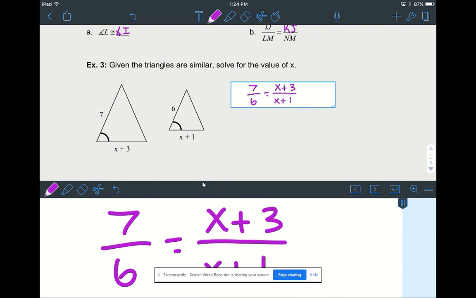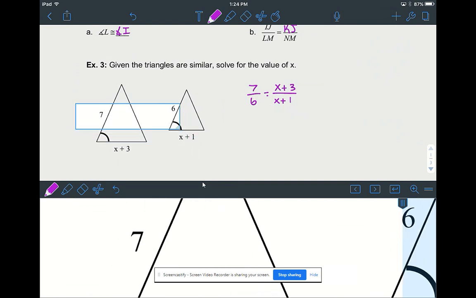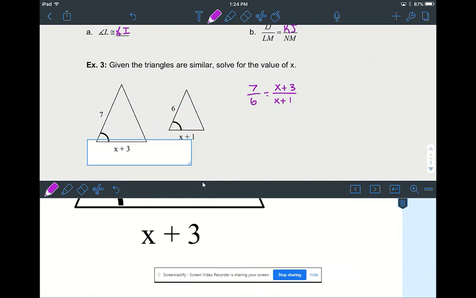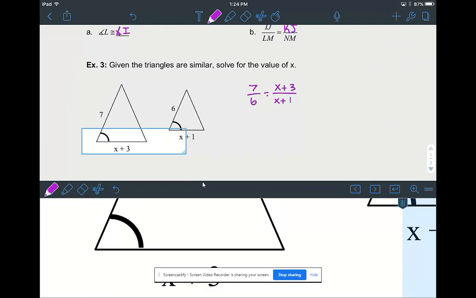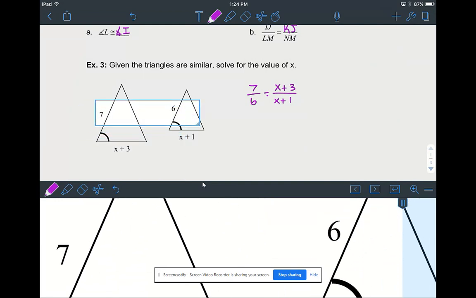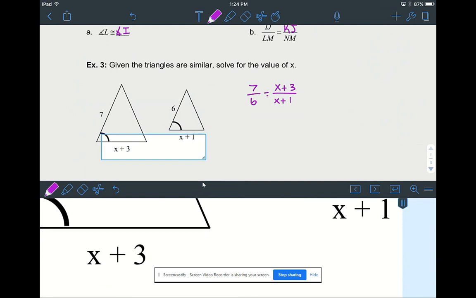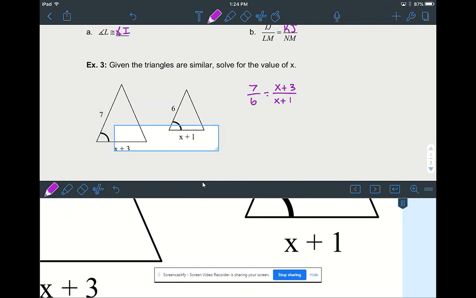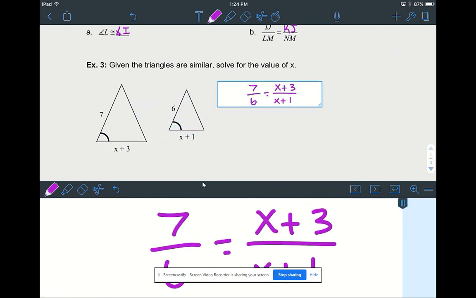Now, please notice that on the top here, each time I started with the bigger triangle. You have to stay consistent with that. So if you put 7 over 6, you put the bigger triangle over the littler triangle, then you have to do the same thing with the other side. You have to put the bigger triangle, x plus 3, over the smaller triangle, x plus 1. You have to keep that consistent.